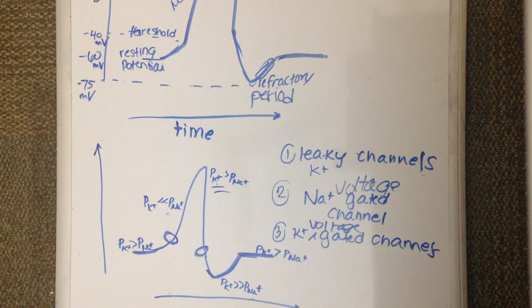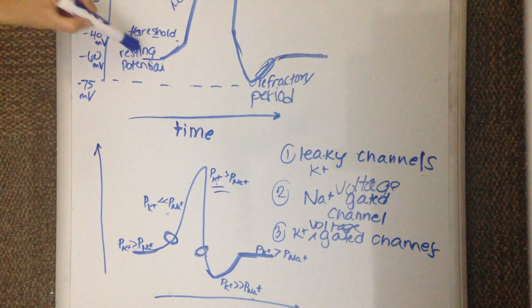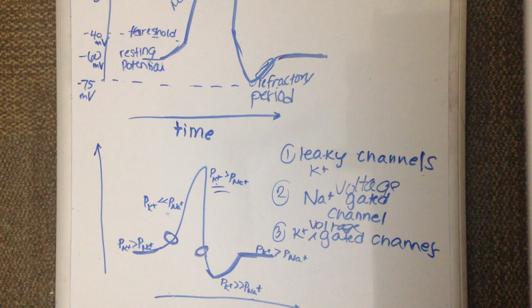Then Goldman came along and related all of these together and said that the cell's resting potential is going to be a linear combination of all of these Nernst potentials, weighted by how permeable the cell is to that ion.